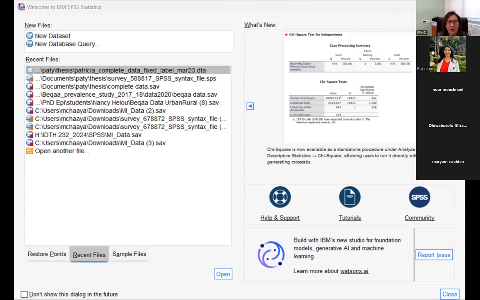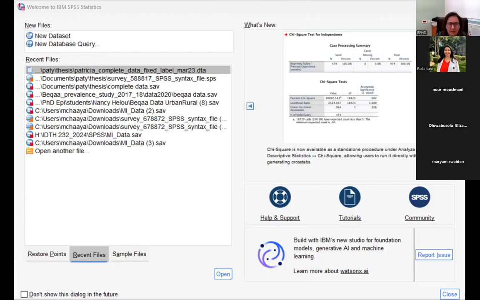Okay, so I'm opening the data file. My data file has the extension SAV, which means this is a data file in SPSS format. Anyway, if your file is an Excel file, you can always open it from Excel. So instead of opening data from SAV, you can open different types of data. SPSS reads Excel data, SAS data, and converts them to SPSS.